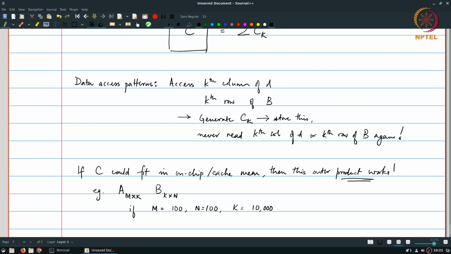In such a situation, if I needed to read the value of B, k cross n, a large number of times, as was the case in the inner product algorithm, then I would end up paying a fairly high penalty for memory access. But C, on the other hand, is going to be a 100 cross 100 matrix, and this could potentially even fit in on-chip cache memory, which means that I can then use the outer product based method in order to very efficiently complete the computation. Of course, this is a special case and in fact doesn't solve our problem at all for the square matrix situation. So what can we do instead?